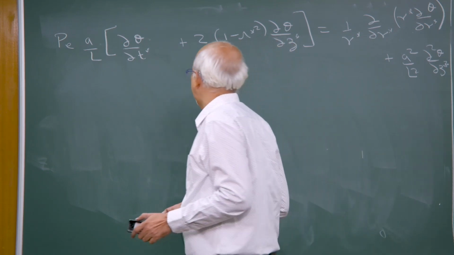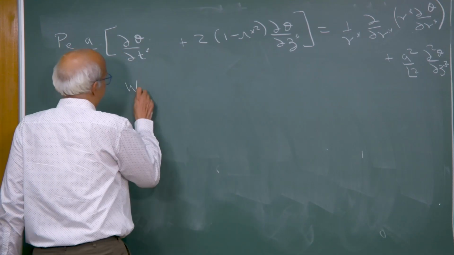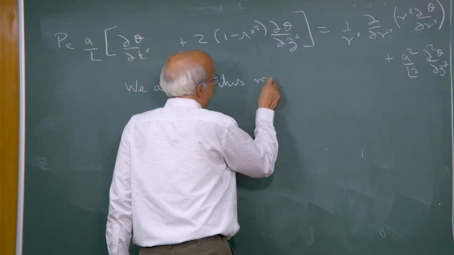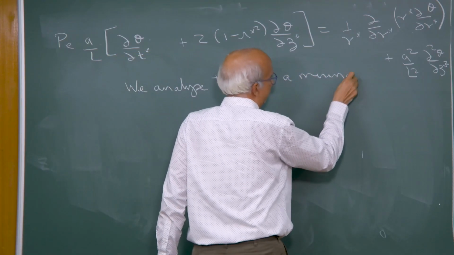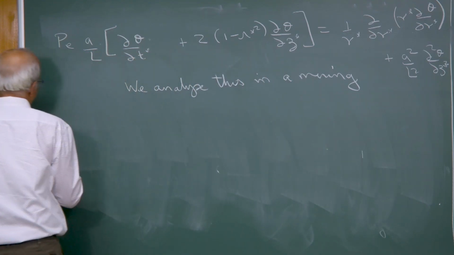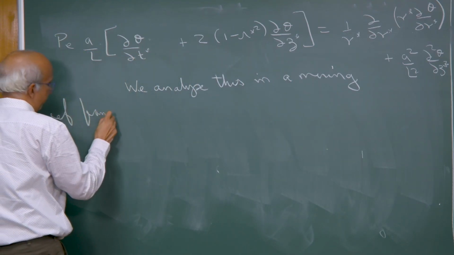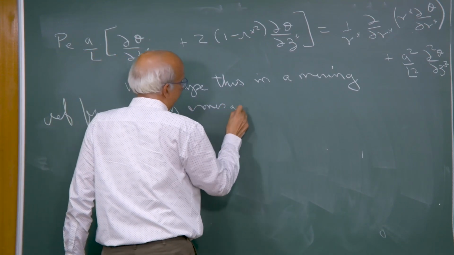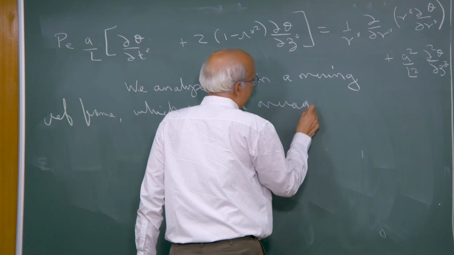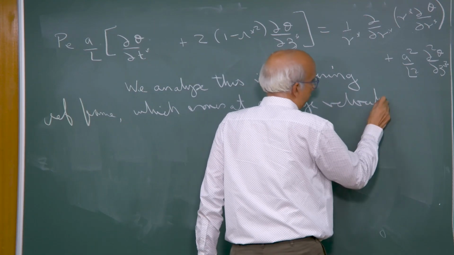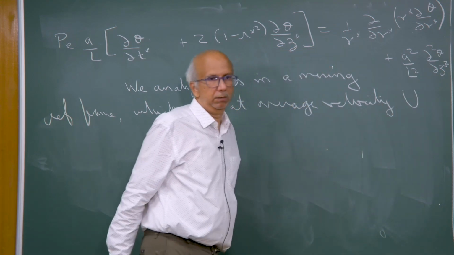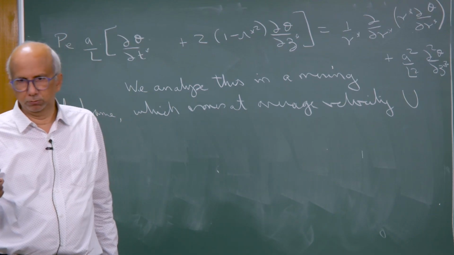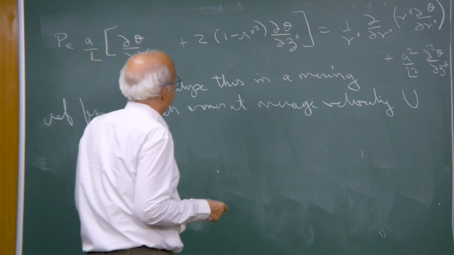So, basically like I said last time, we analyze this in a reference frame which moves at average velocity u. The average velocity in laminar flow is u, the maximum velocity is 2u. So, I am sitting on this thing and moving.